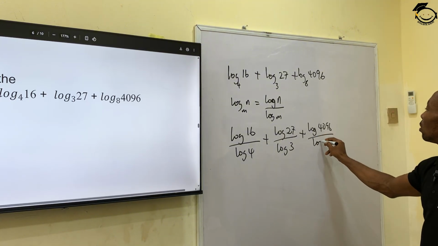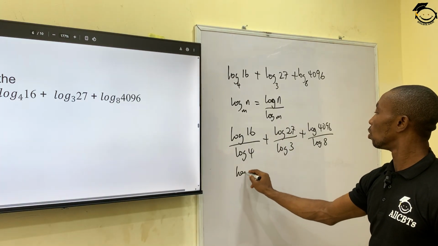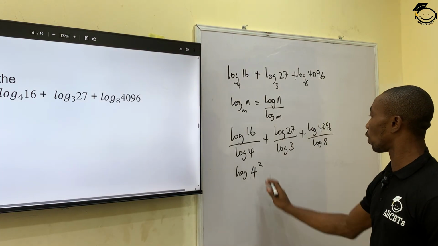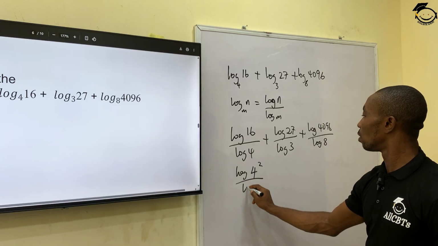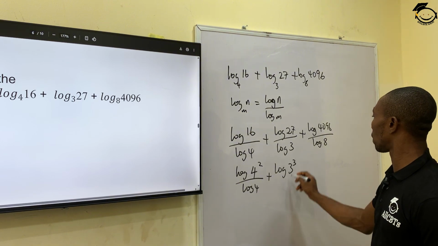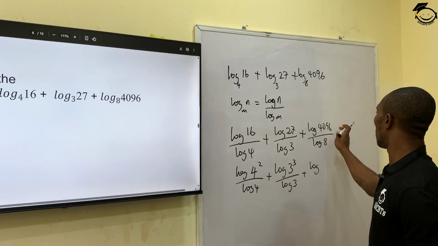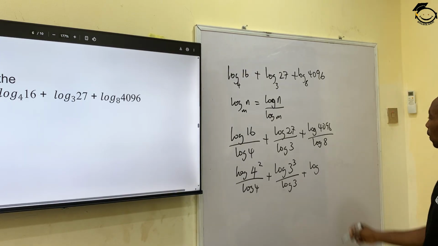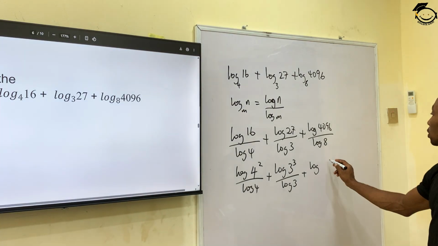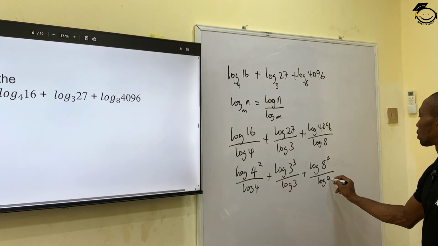log 4096 over log 8. Now, breaking this down, log 16 becomes log 4 squared over log 4, plus log 3 raised to power 3 over log 3, plus log 8, now how many times will 8 multiply to give us 4096? It will give us 8 times 8 times 8 times 8, that's 8 raised to power 4, over log 8.